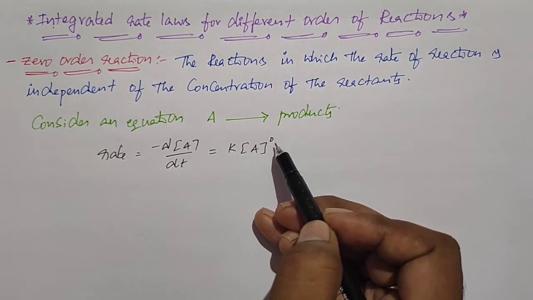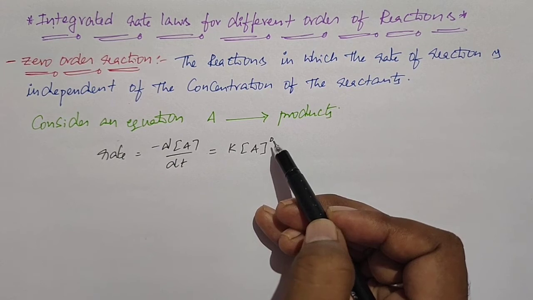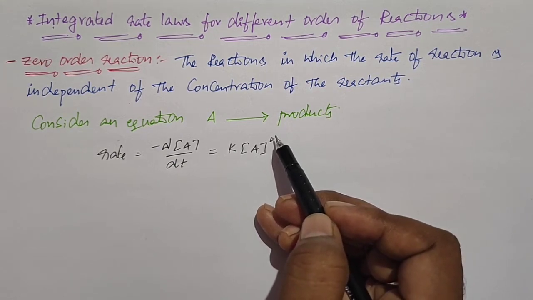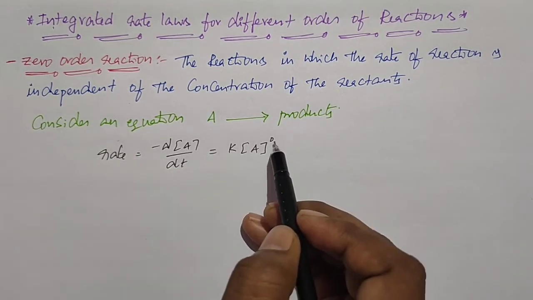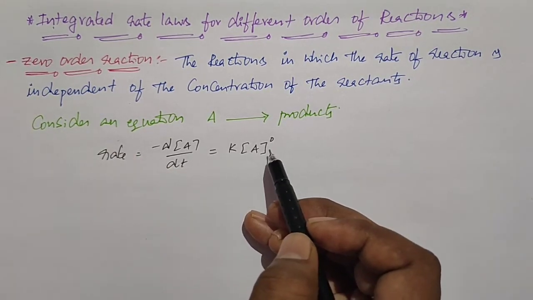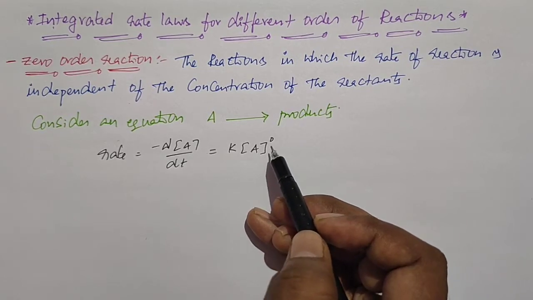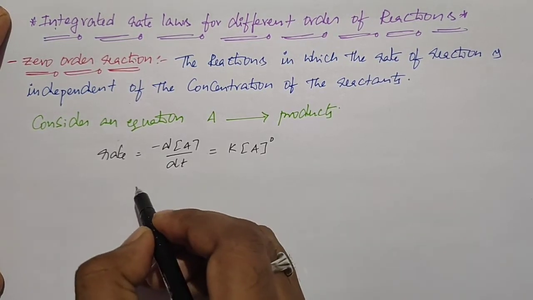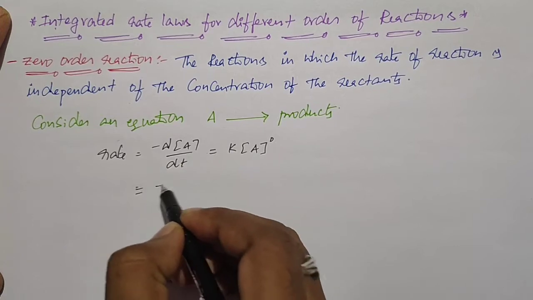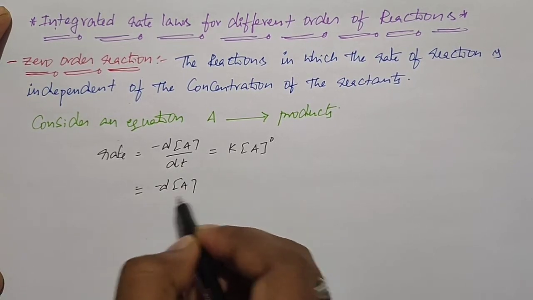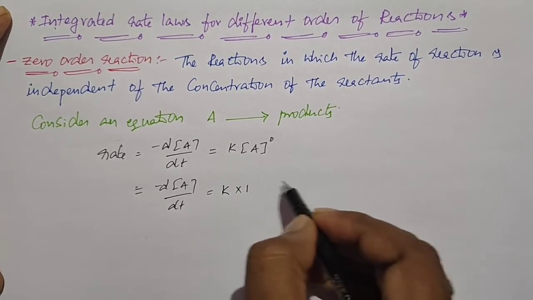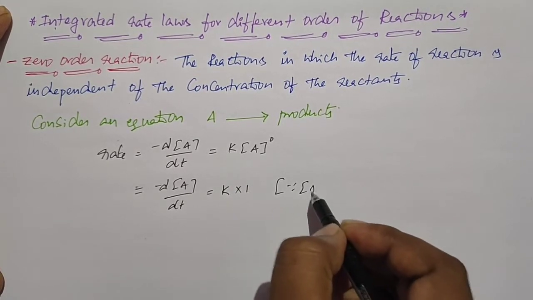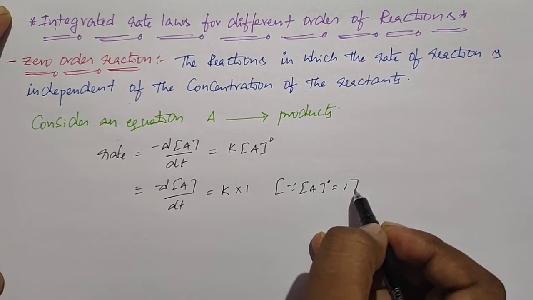The sum of the powers of the concentration terms is equal to the order. So for zero order, we take 0 as the power. You know very well, anything power 0 is equal to 1. Then minus dA by dt is equal to K into 1.